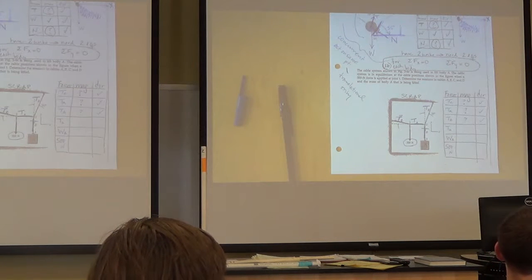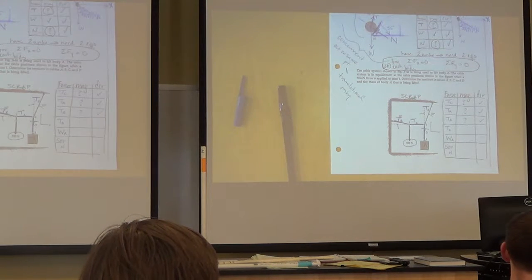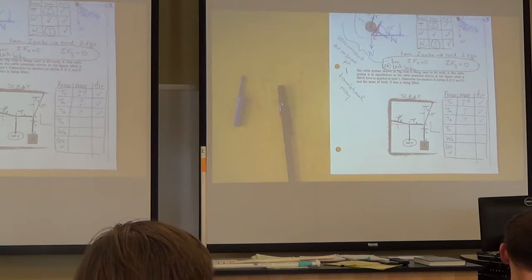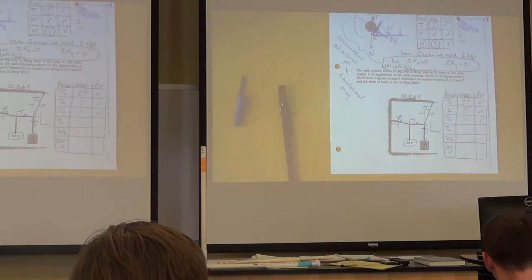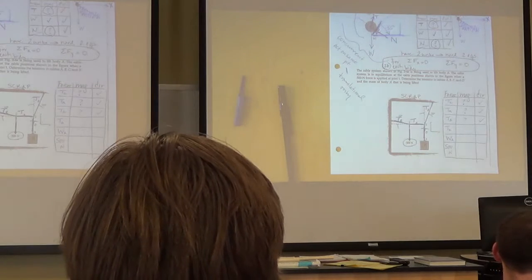And then what do I know about these two values? They're going to be equal. How come? What equilibrium equation am I using to determine that? Sum of forces in the y is equal to TD minus WA equals 0, and TD is equal to WA.